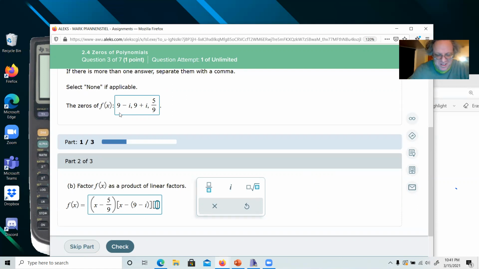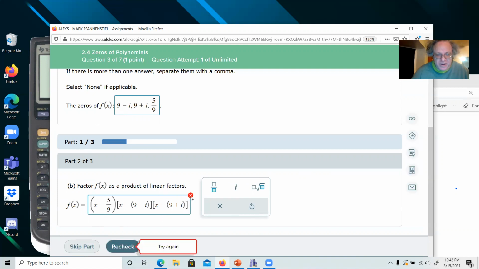It'll mark you wrong. And x minus, now what's the conjugate? 9 plus i. That's why I would also recommend very liberal use of parentheses here, because it is hard to keep all of this stuff straight in your head. Okay, I didn't like that at all.